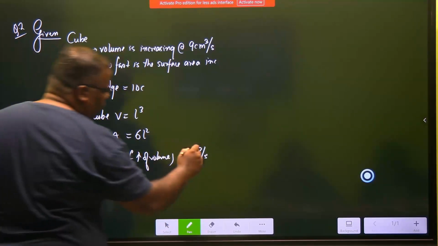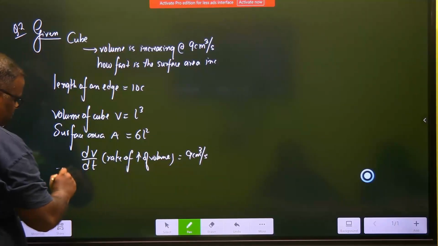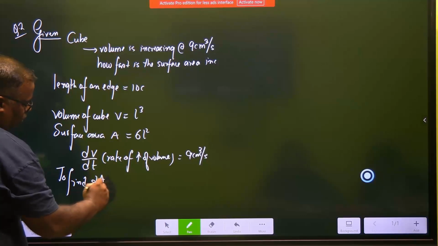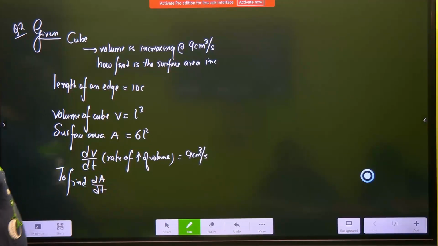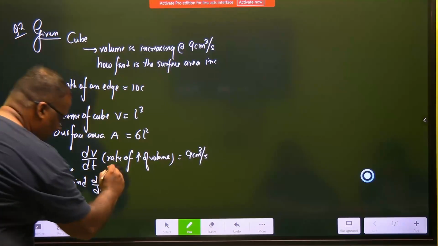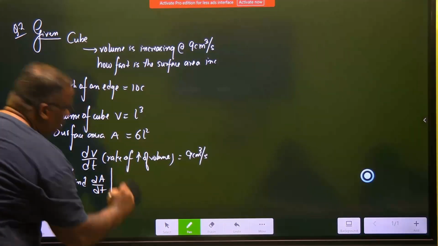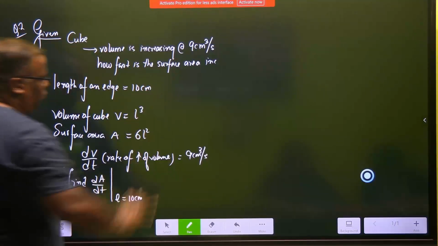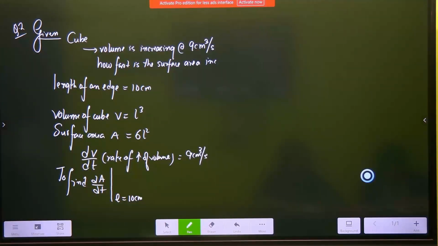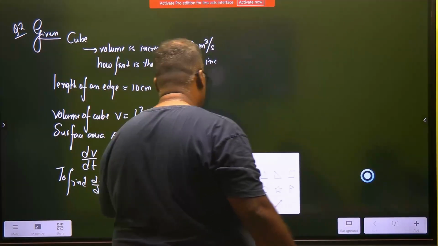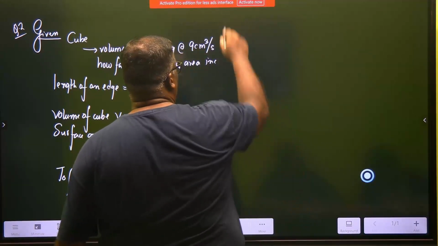You need to find the rate of growth of the surface area, dA by dt, when the length is 10 centimeter. Have you understood the question or not? Fine. This is as simple as water splashed on the floor.